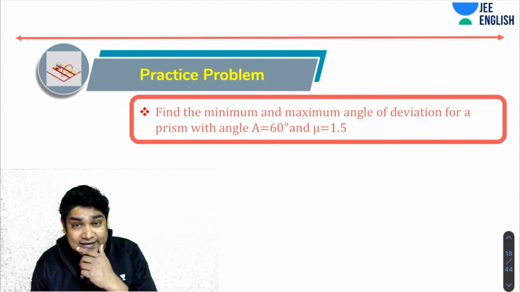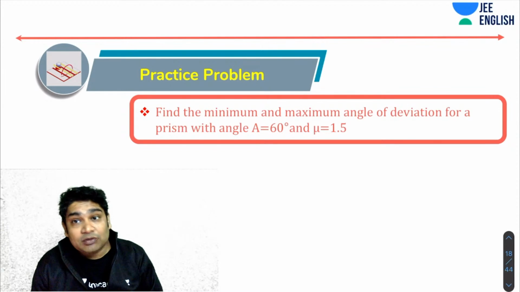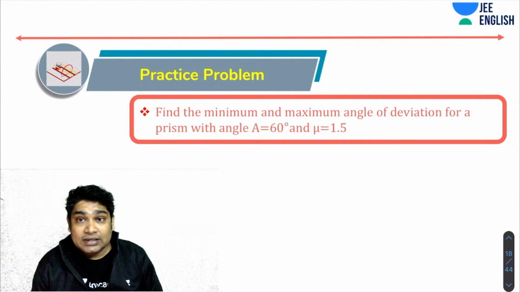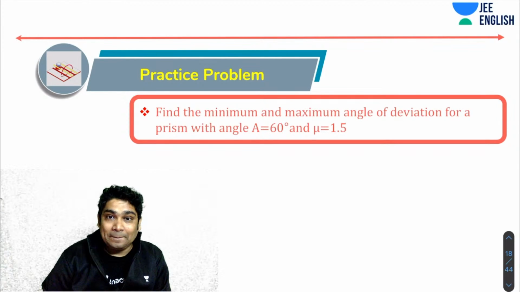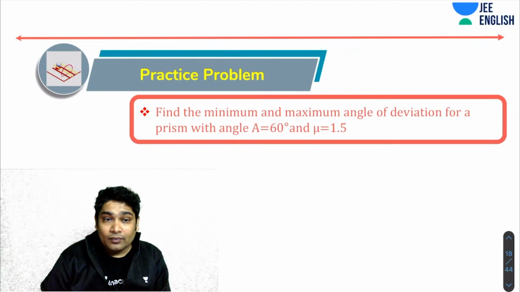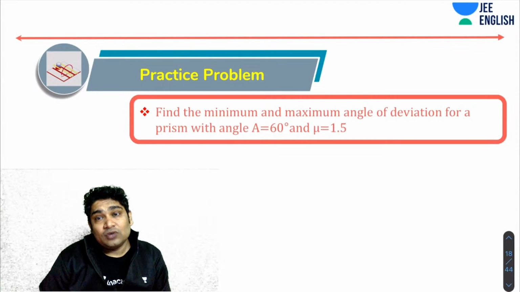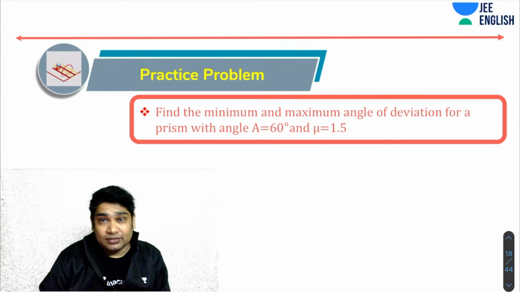Okay, so this says find the minimum and the maximum angles of deviation for a prism for which the angle is 60 and the mu is 1.5. See if you can figure this out. What would be the minimum angle of deviation and the maximum angle?